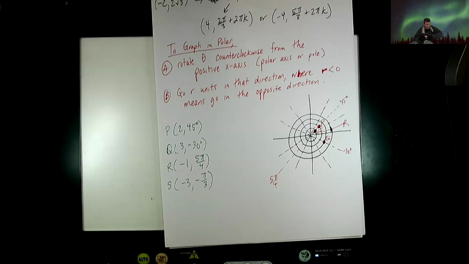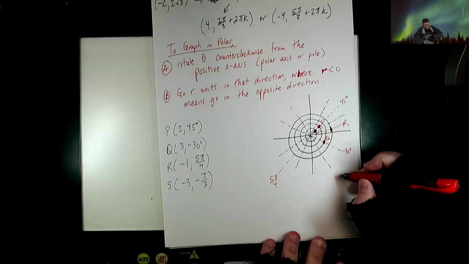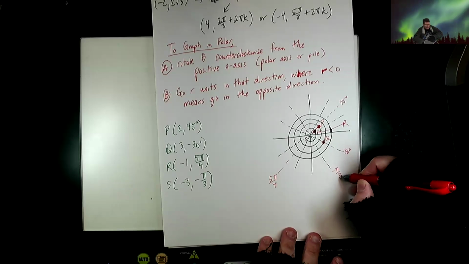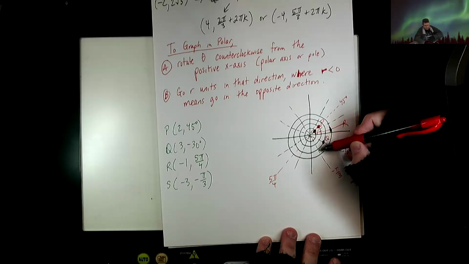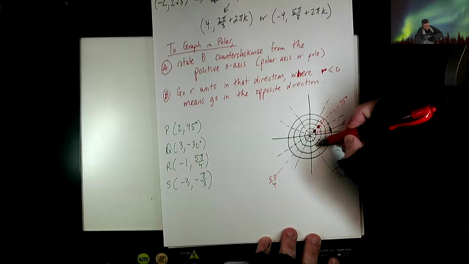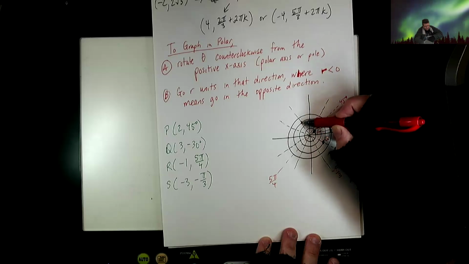And negative pi over 3 is the equivalent of negative 60 degrees. That's this line. And we want to go negative 3, so we're going to go the opposite direction. 1, 2, 3, that would put S right there.